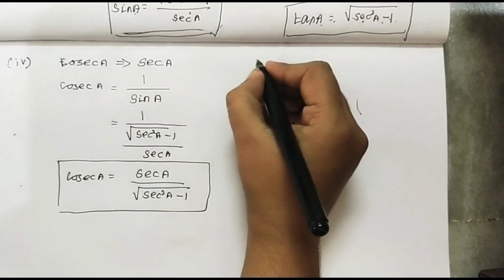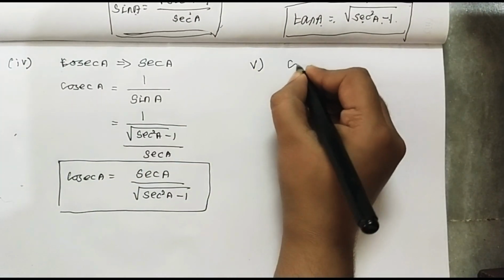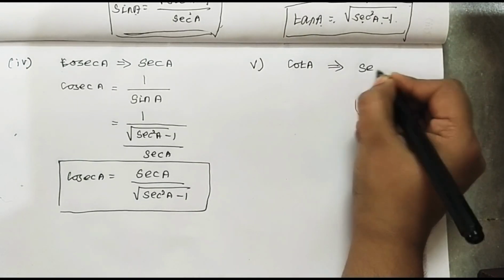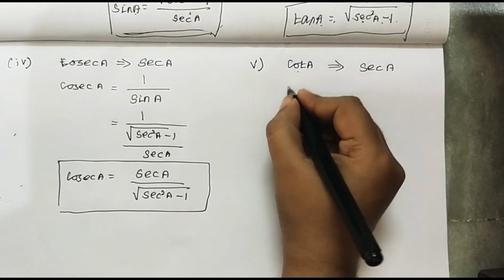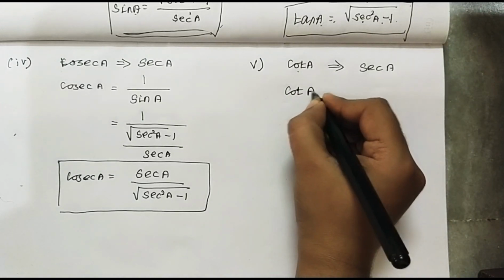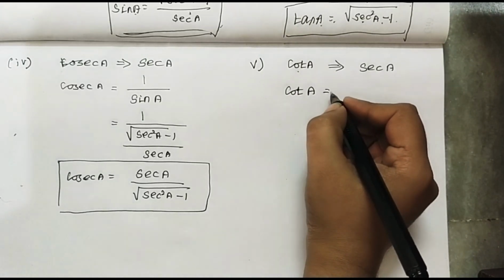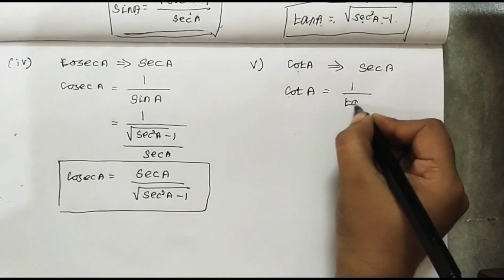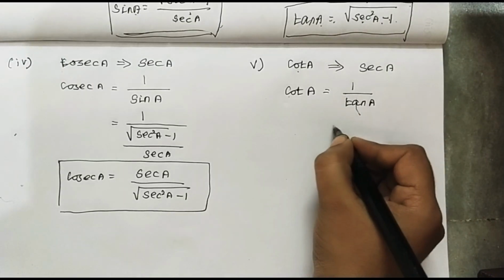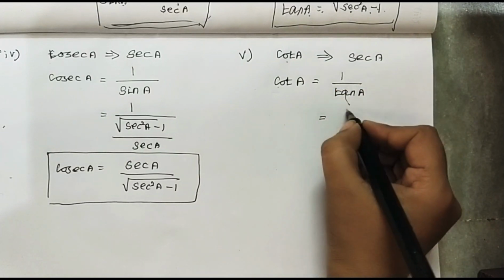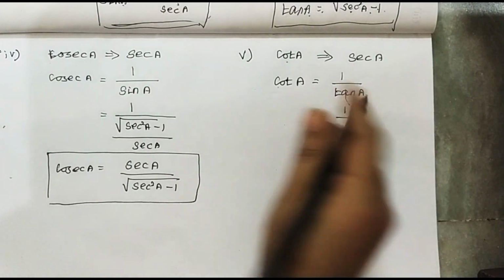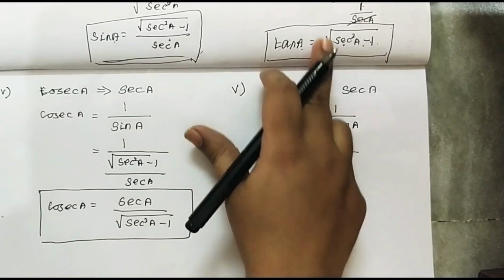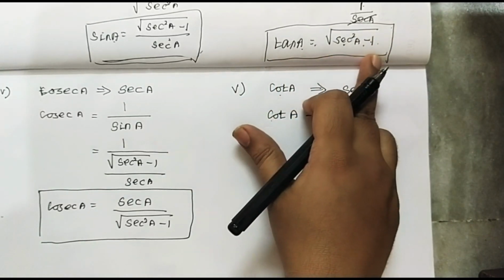The next one, the fifth one, cot A we have to change in terms of secant A. For that already you know very well, cot A is the reciprocal of tan A. So cot A we can write 1 divided by tan A. Tan A we already found: tan A equal to square root of secant squared A minus 1.